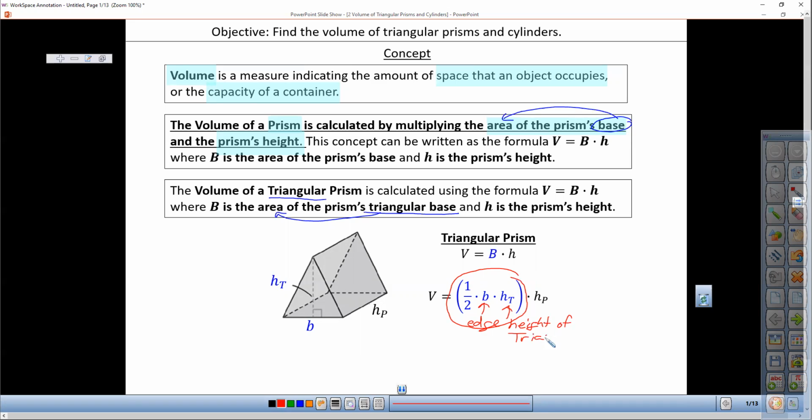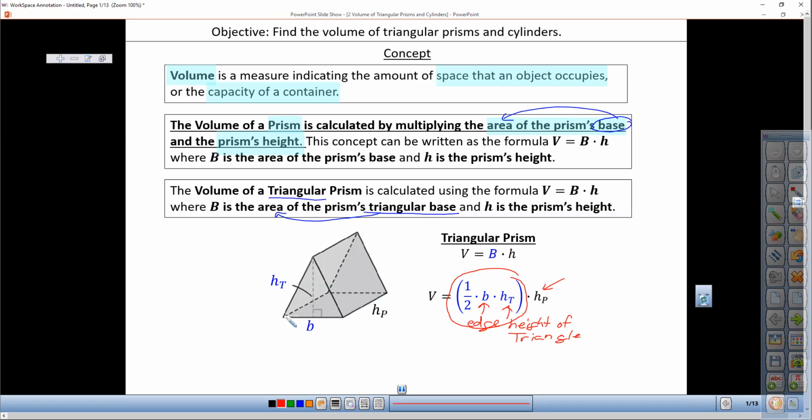That's the difference here. We actually have 2 heights and we need to know which one's which. The height of the prism, remember, is the length that is perpendicular to the base side. So if we're looking at the triangles being the bases, the height of the prism would be perpendicular to that, or an edge rather of a rectangular side.